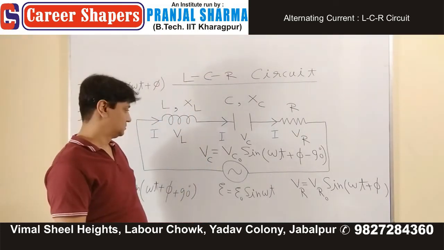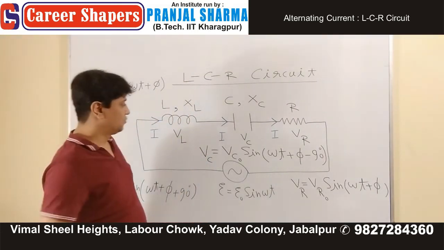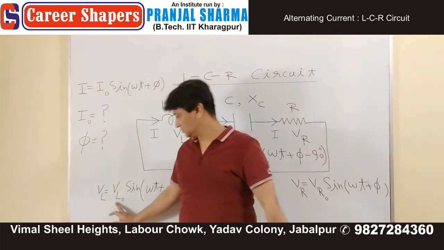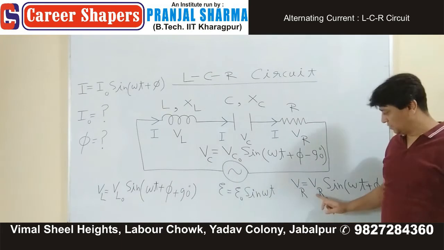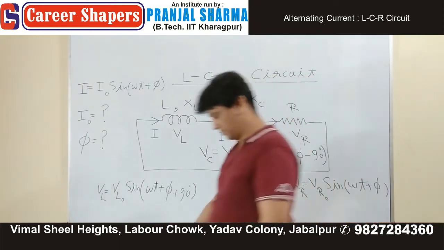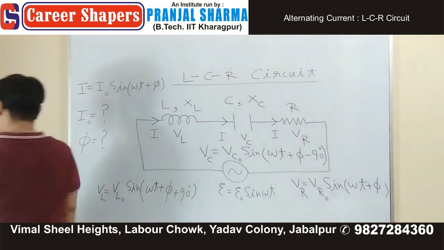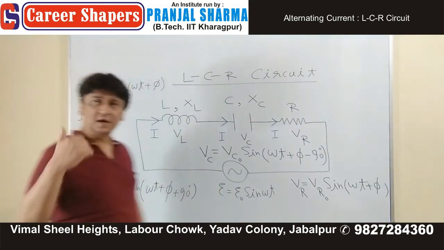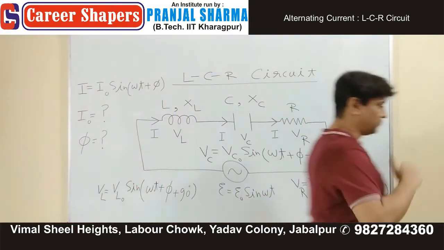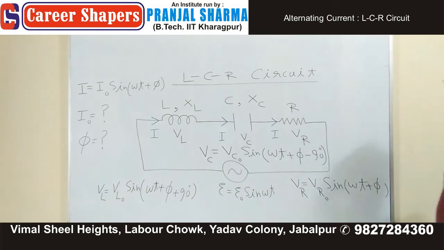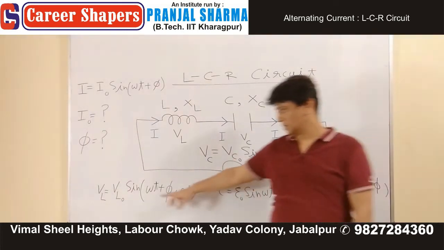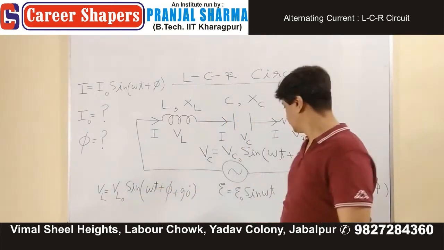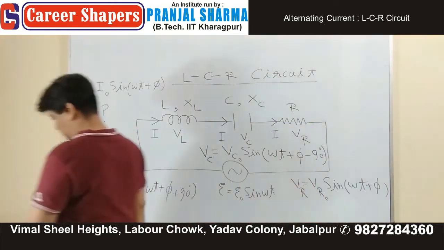Whereas VL naught, VC naught and VR naught are the peak values, maximum values, peak value.